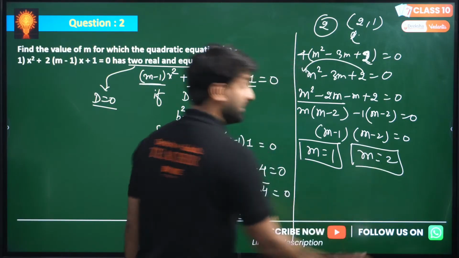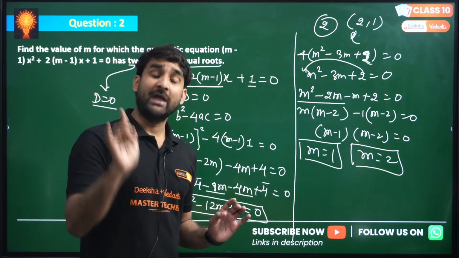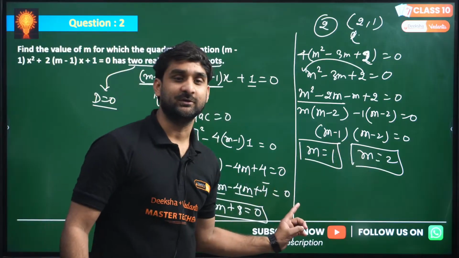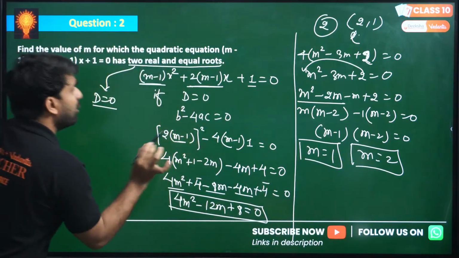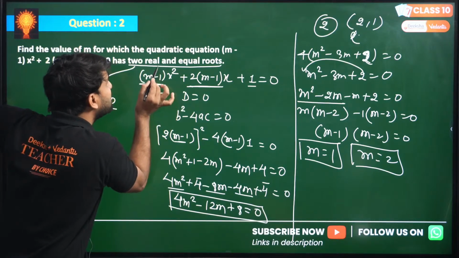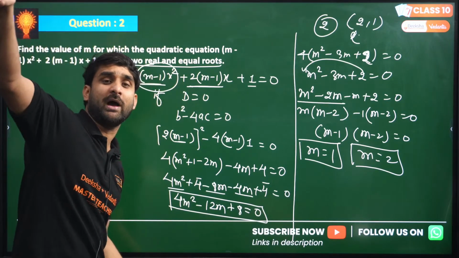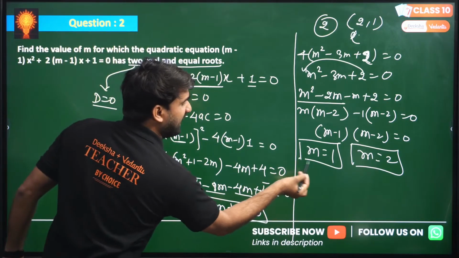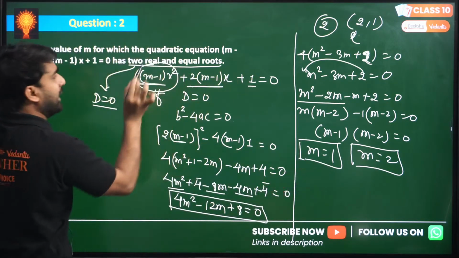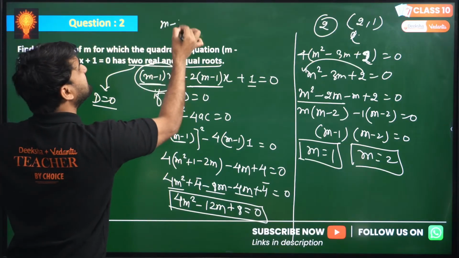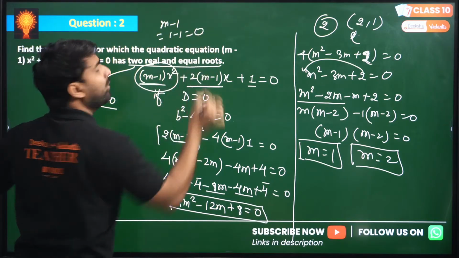But let's wait. We have to approve only one of these answers. Why? Because now look here, my dear. Here is m minus 1. Look at this family, (m minus 1)x square. If I pick m equals 1 and put it here, then 1 minus 1 will be 0.